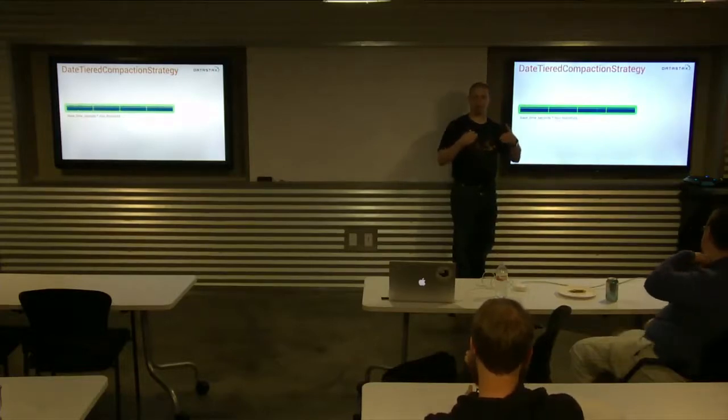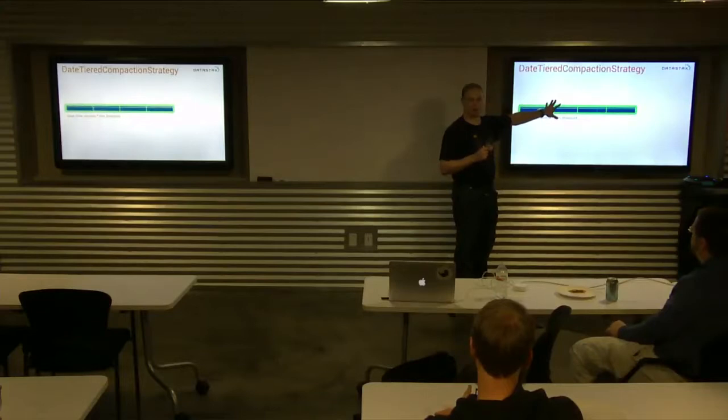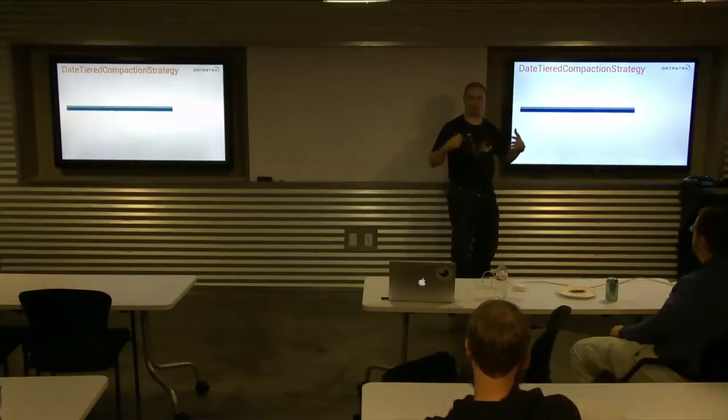It's the number of SS tables that are close to the same size in size tier compaction strategy. In date tier compaction, it's the number of SS tables within the same window. So when I get to that next threshold, I'll compact those together as well in another semi-major compaction event.